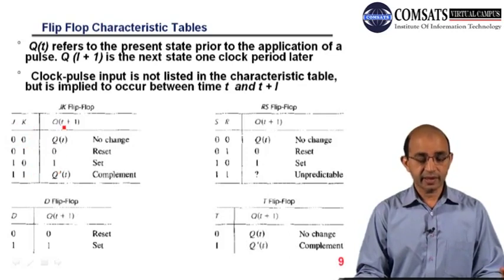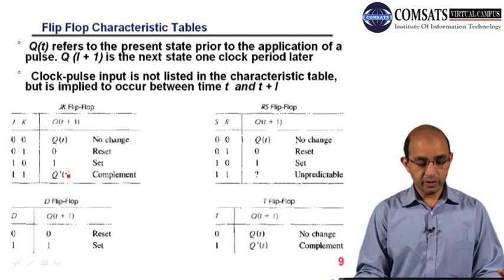You can see the next states. Here there is no change, which means the flip-flop will remain at its present, or previous, state. Here we have 0 as the next state. Here we have 1, and here we have the complement.